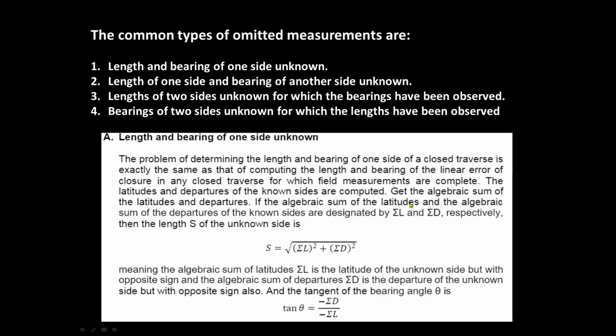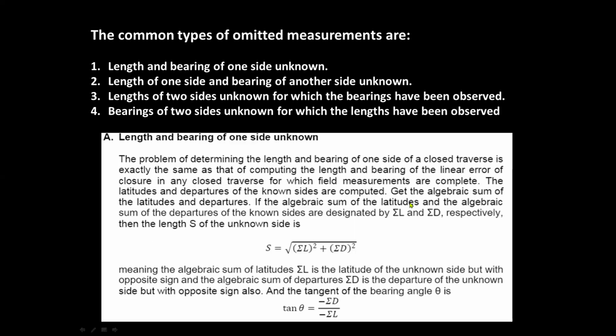The latitudes and departures of the known sides are computed. Get the algebraic sum of the latitudes and departures. If the algebraic sum of the latitudes and the algebraic sum of the departures of the known sides are designated as summation latitude and summation departure, respectively, then the length S of the unknown side will be this.